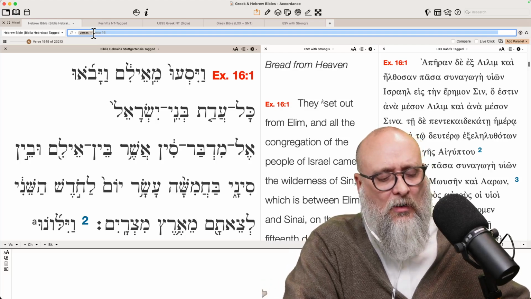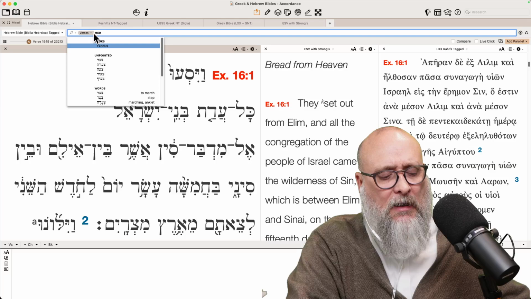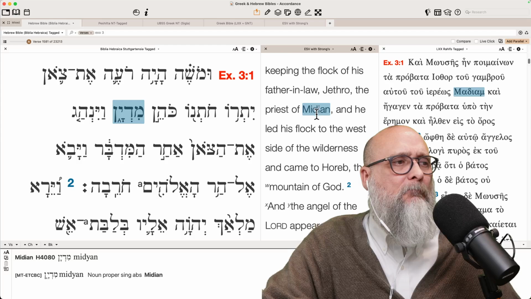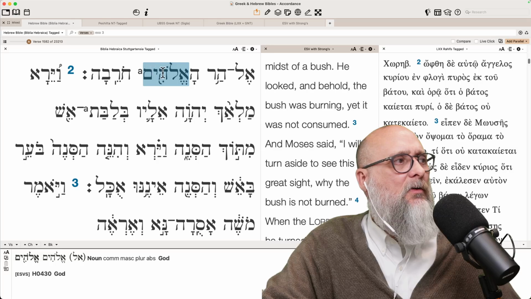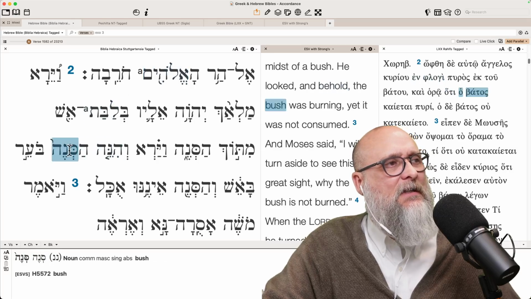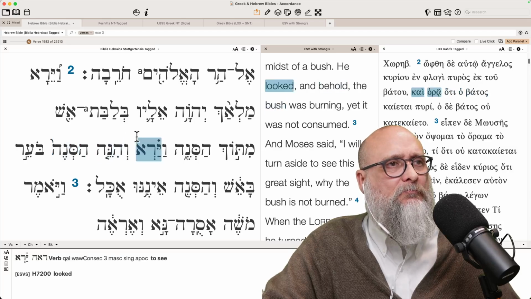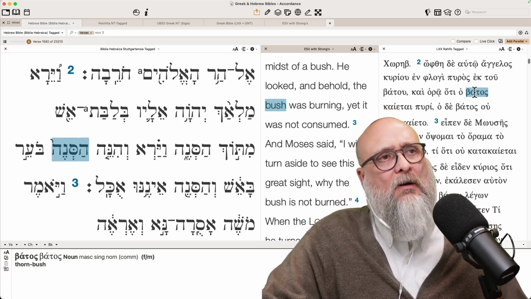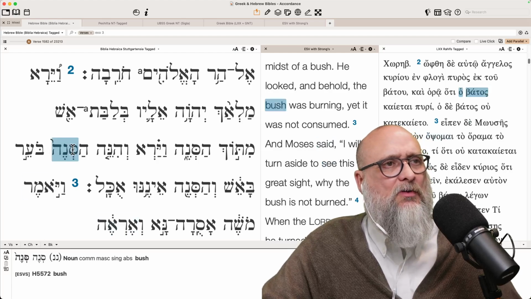You saw what the word looked like in Hebrew, and if we go to Exodus 3, we come to the word in the midst of the seneh, the bush, and you can see in the Septuagint it says thorn bush. So is it just a regular bush or is it a thorn bush?